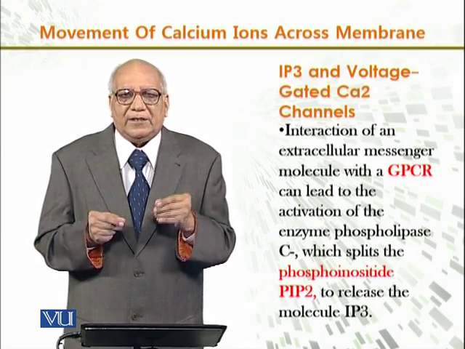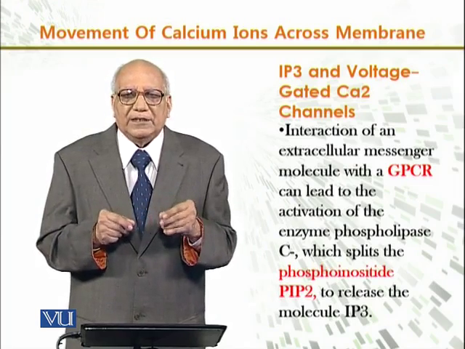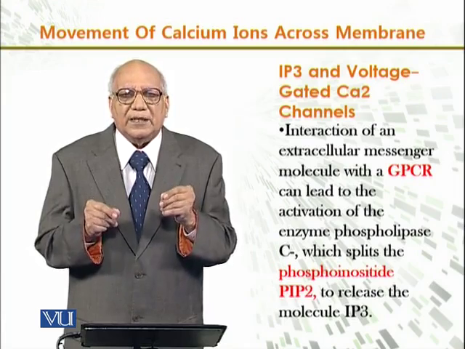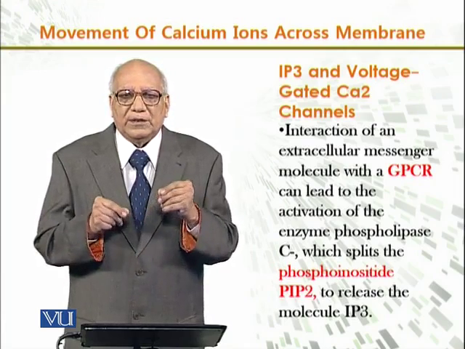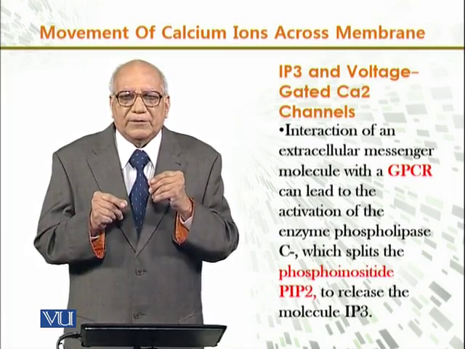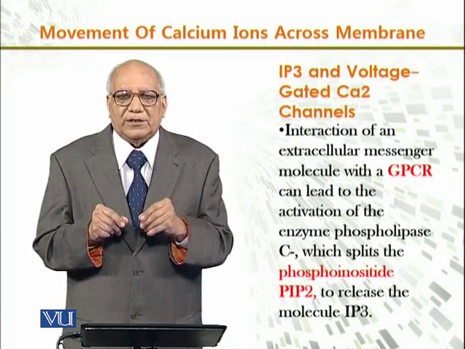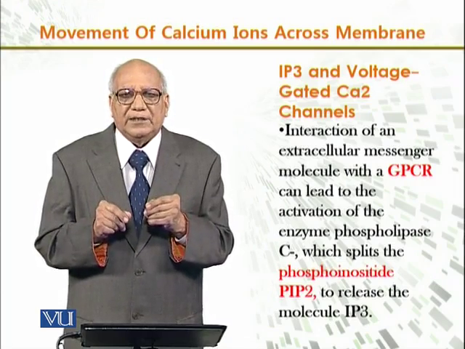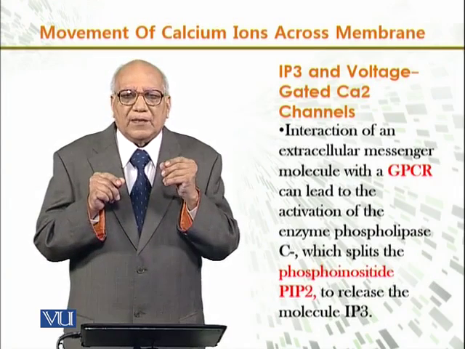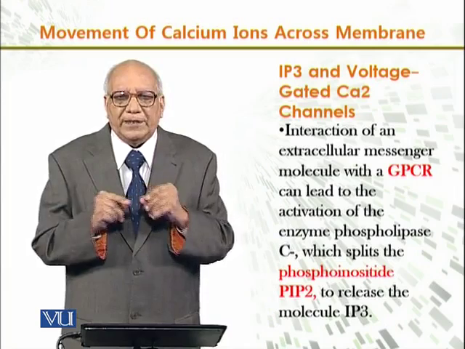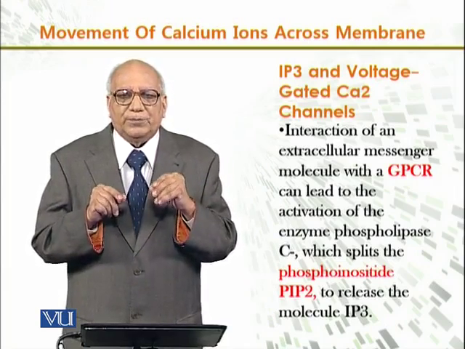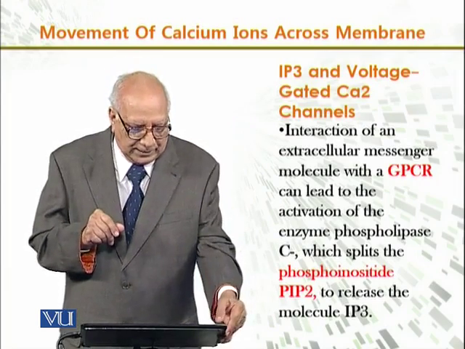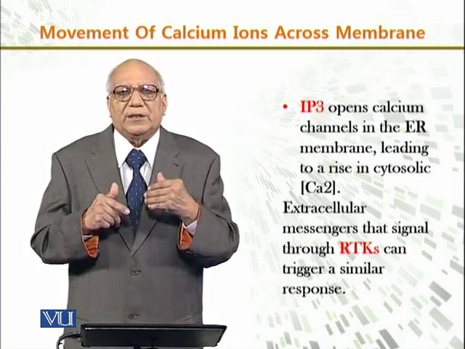So, interaction of an extracellular messenger molecule with a GPCR can lead to the activation of an enzyme. Again, you see that enzymes are involved: the enzyme phospholipase C splits the phosphoinositide PIP2 to release the molecule IP3, which helps the transfer of calcium across the membrane.